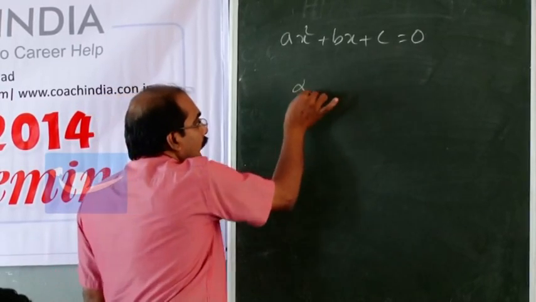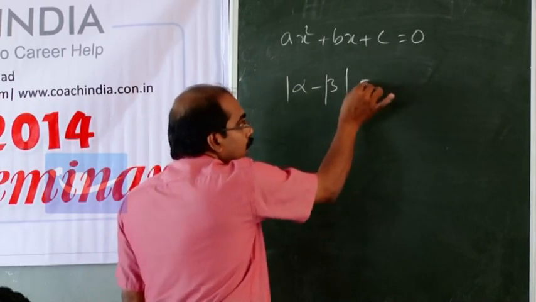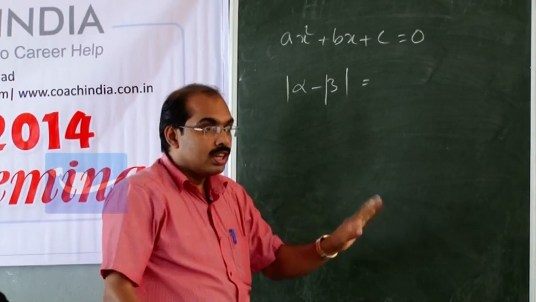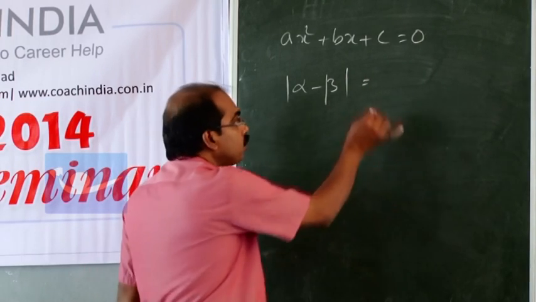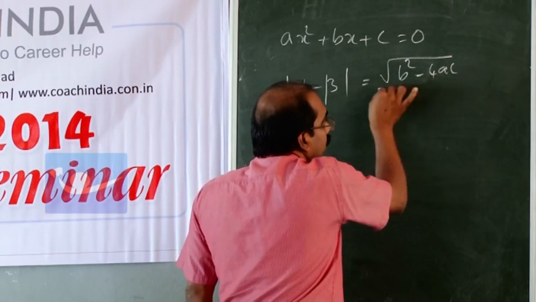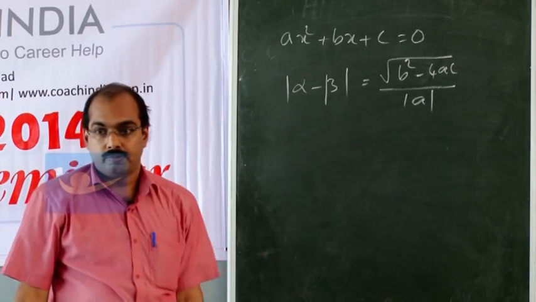And what about alpha minus beta? Of course, mod alpha minus beta can be obtained by root of alpha plus beta whole square minus 4 alpha beta. That on simplification gives root of b square minus 4ac divided by mod a. We will make use of this result while doing this problem.